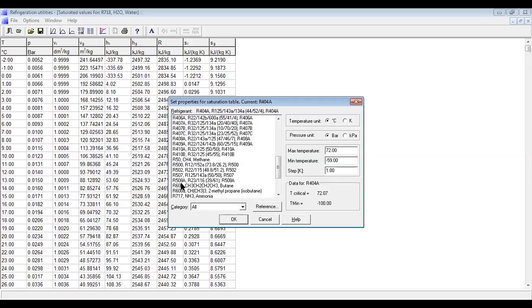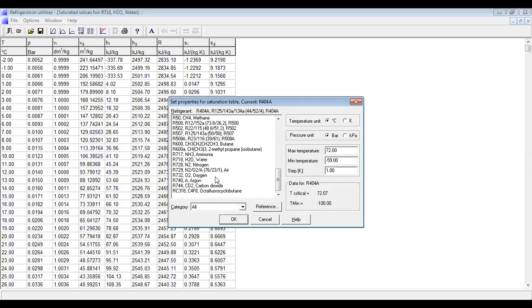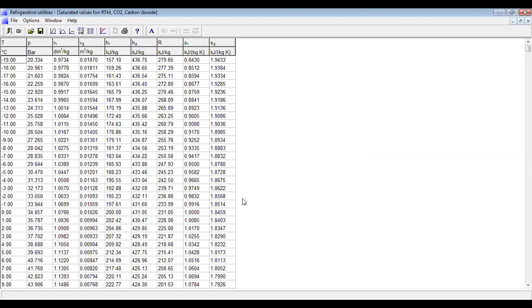Even CO2 you can find here. CO2 also here. It has R729, carbon dioxide. You can get any.